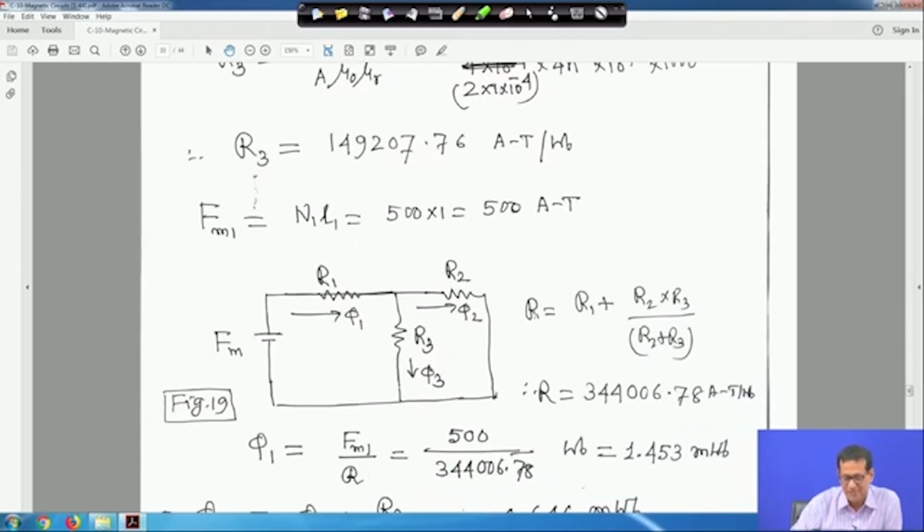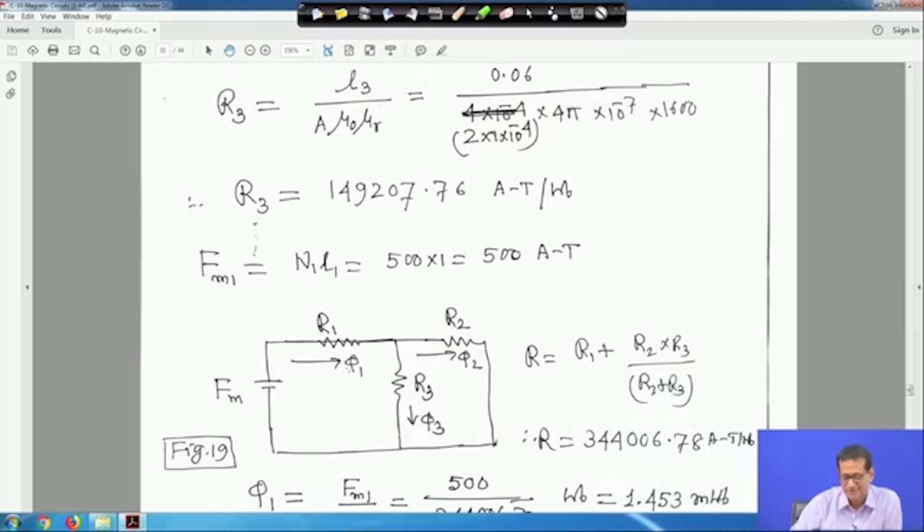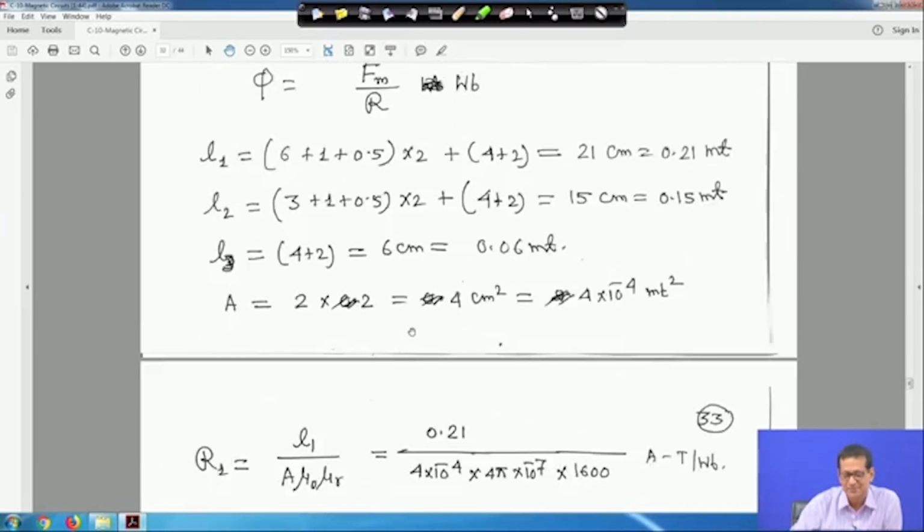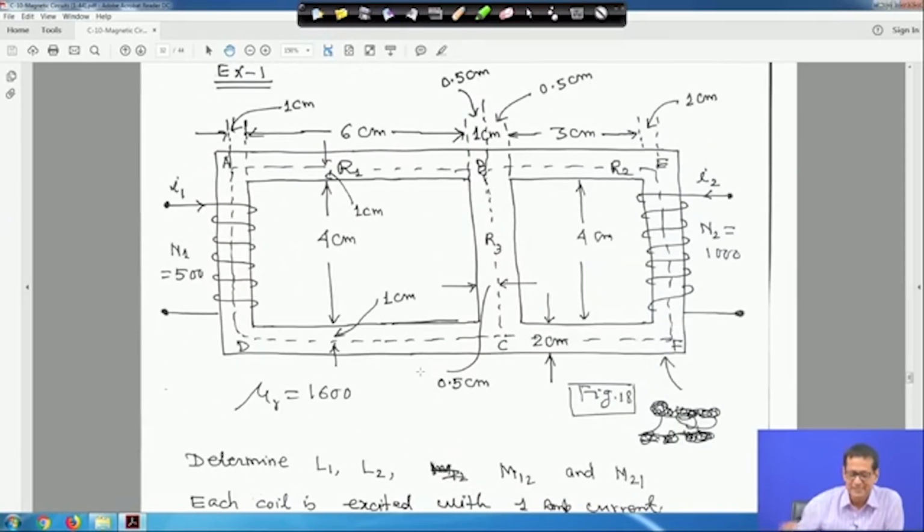Now, if you look at this, it is like a DC circuit. For example, this is the direction of the flux, because you grasp the coil in the direction of the current, then the thumb is the direction of the flux. Say the total flux is phi 1, part of it goes here and part goes like in a DC circuit.